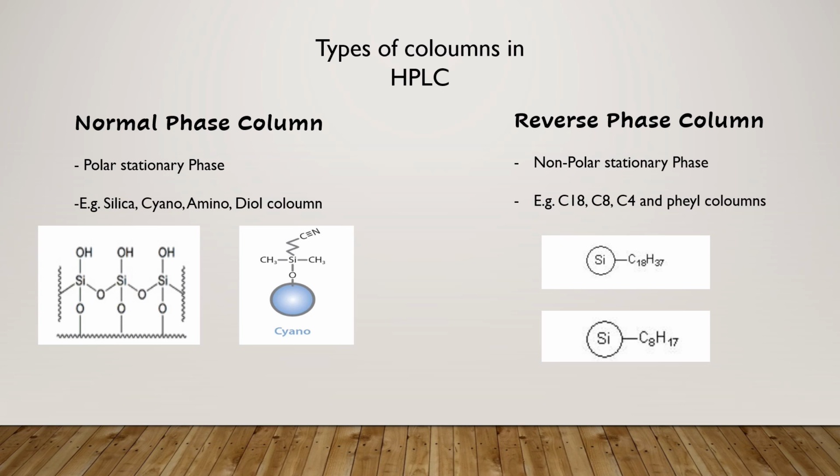So just to make a shorter run time for the elution of that polar analyte, they changed the nature of the silica by attaching 8 carbon to it, or 18 carbon to it, or attaching phenyl to silica. That is how they made it non-polar in nature. So in HPLC analysis, you can use two types of columns depending on your analysis.